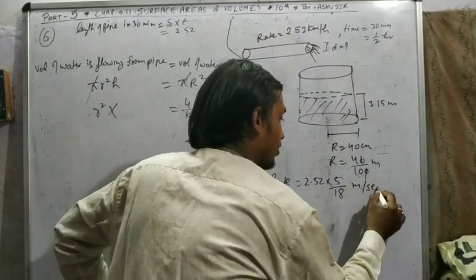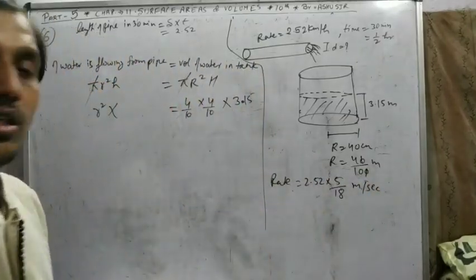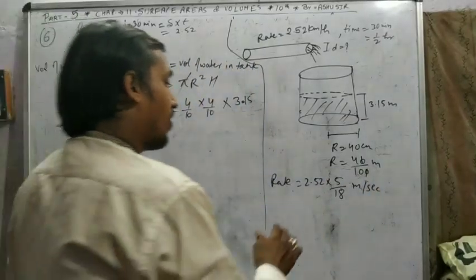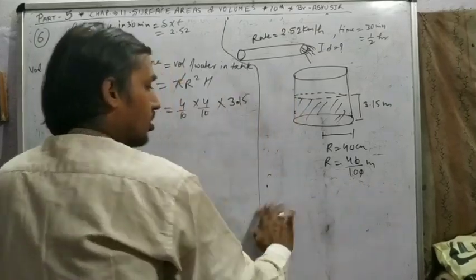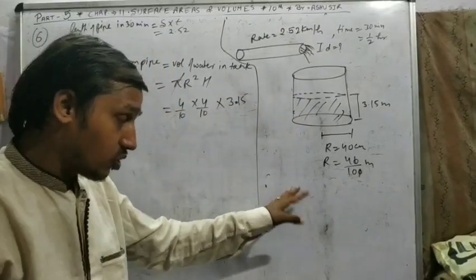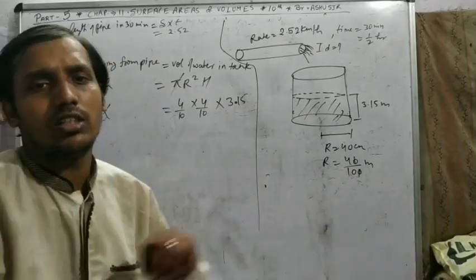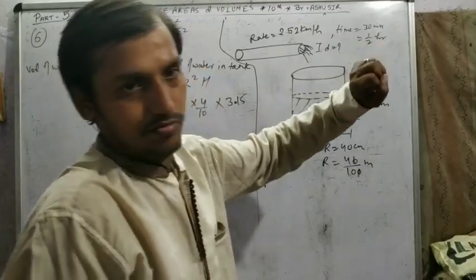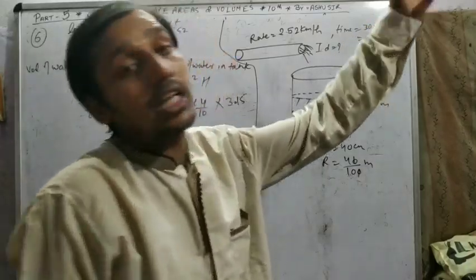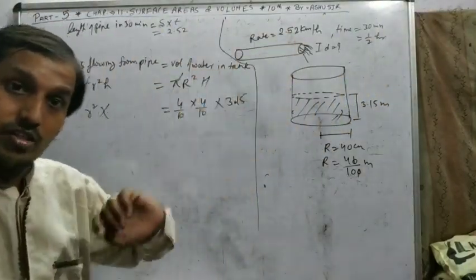But I am not changing it here, I am only giving you the option. If you change this to meter per second, then also change the time to seconds. So 30 minutes in seconds is 1800 seconds.